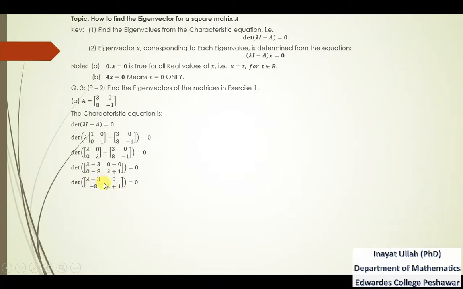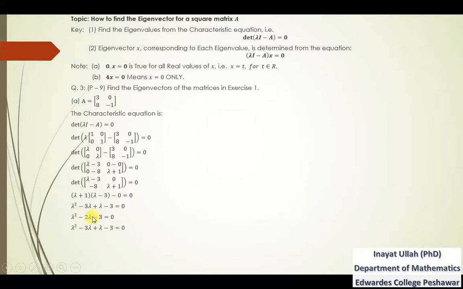The determinant of this matrix is this multiplied by this minus this multiplied by this. That is lambda plus 1 into lambda minus 3 minus 0 into minus 8, which is 0. Multiplying these two to get this equation and simplifying, minus 3 lambda plus lambda is minus 2 lambda. Now that is a quadratic equation. We are going to solve it by factorization.